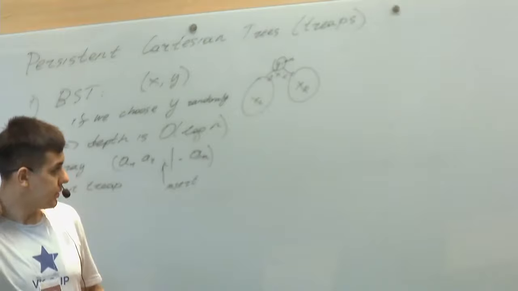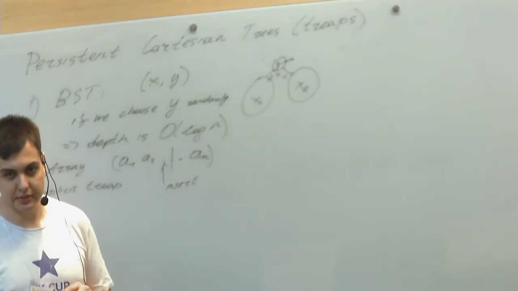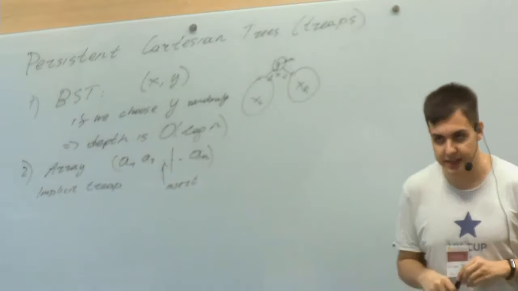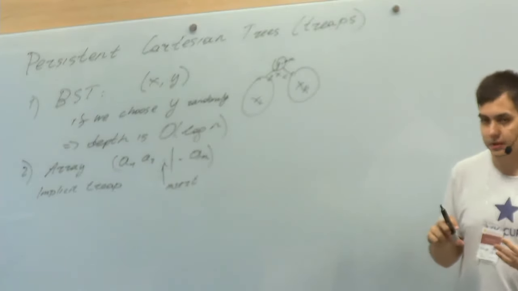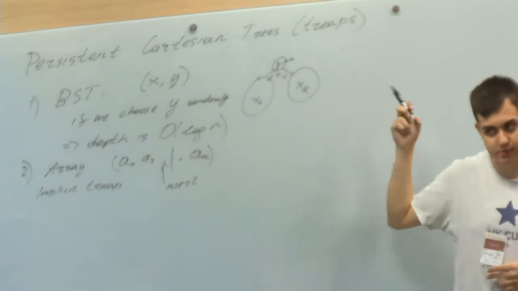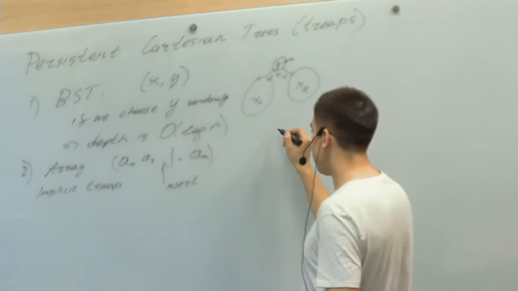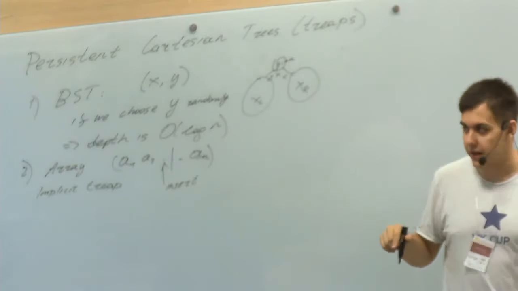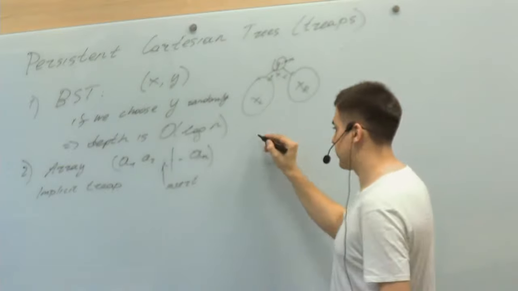So the way to make trees persistent is pretty much the same. For all of our operations that modify a field, instead we'll copy a node of the tree and create a new node. So for example, let's write how merge works.